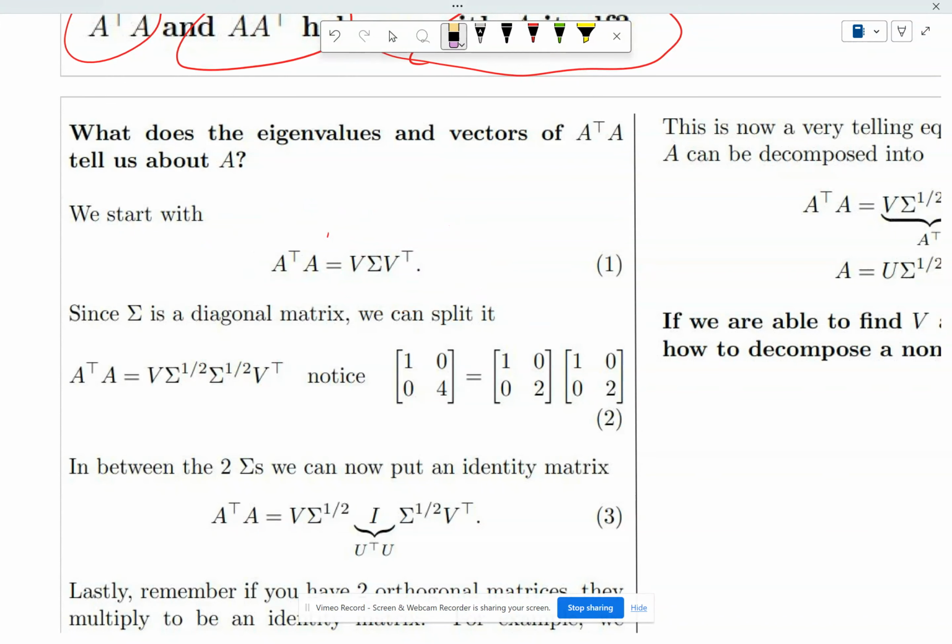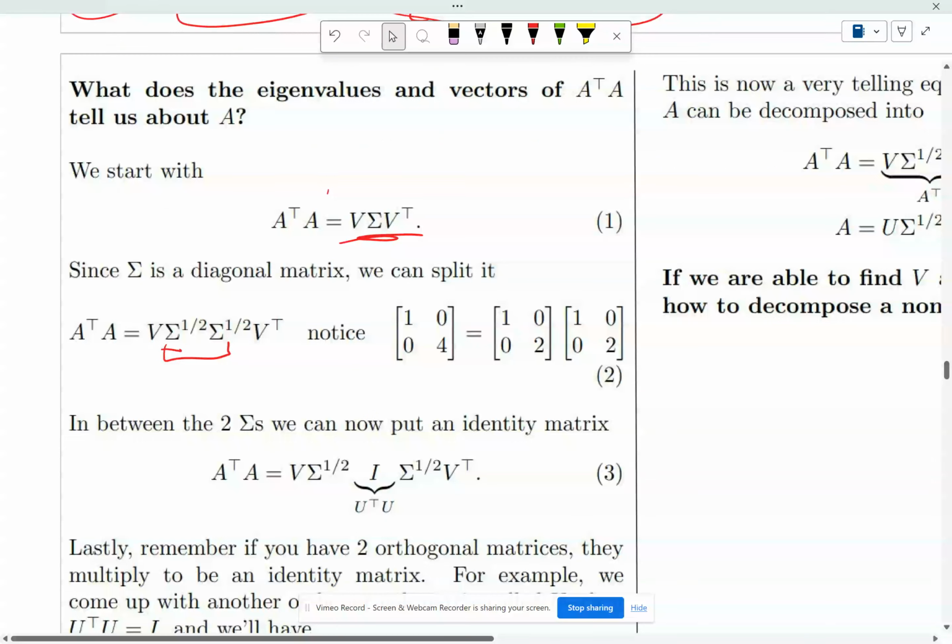Since sigma is a diagonal matrix, we can easily split it into square root of sigma times square root of sigma. So this expression becomes this expression here. Now, square root of 2, for example, you can split into this times this. In between the two sigmas, we can put an identity matrix, since it doesn't matter if we multiply by 1.